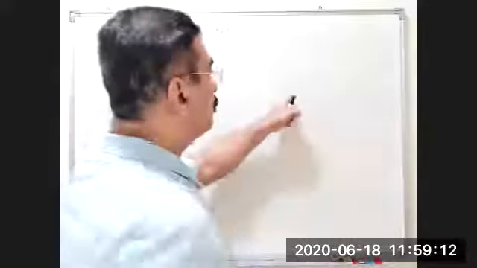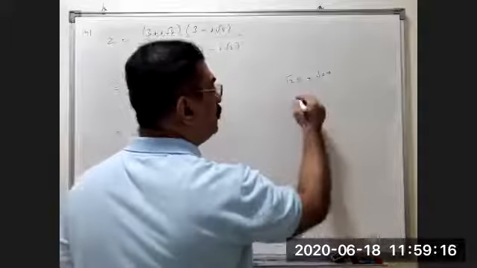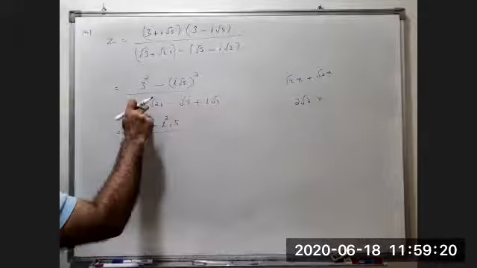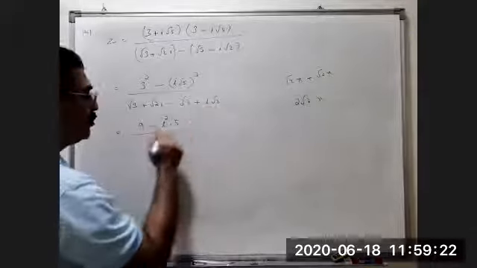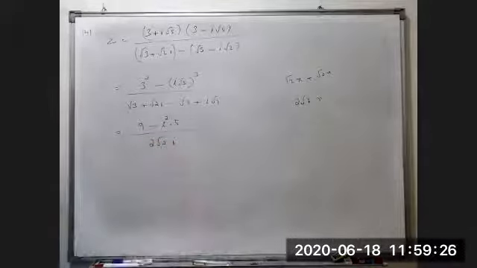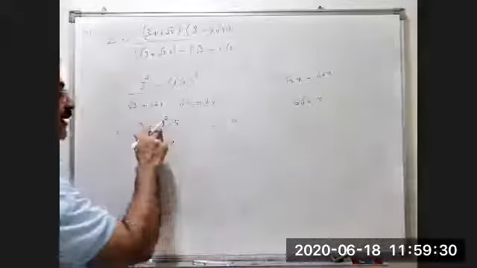Yeah. So root 2x plus root 2x is not root 4x. Root 2x plus root 2x is 2 times root 2x, 2 root 2x. So here, similarly, root 2i plus root 2i is 2 root 2i. This is 9 minus i square.